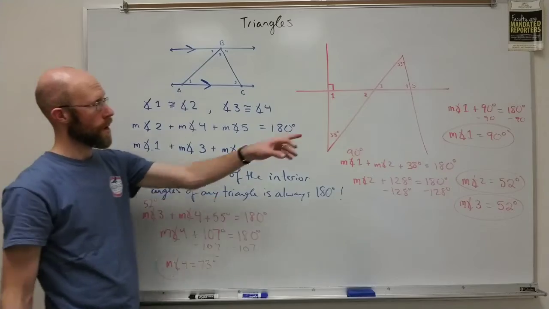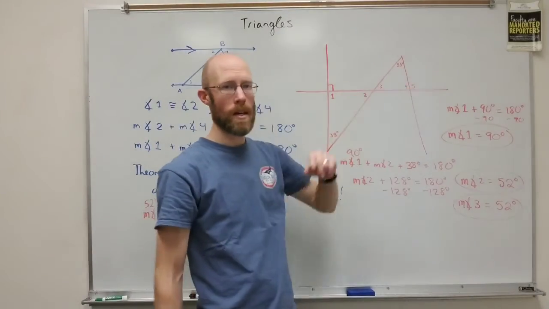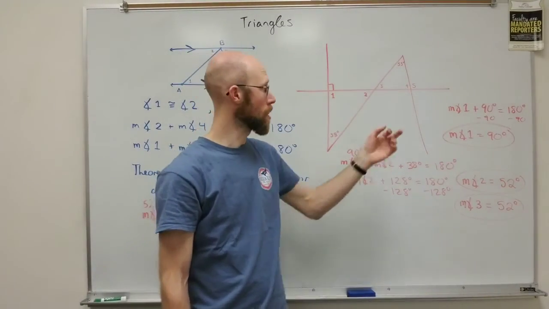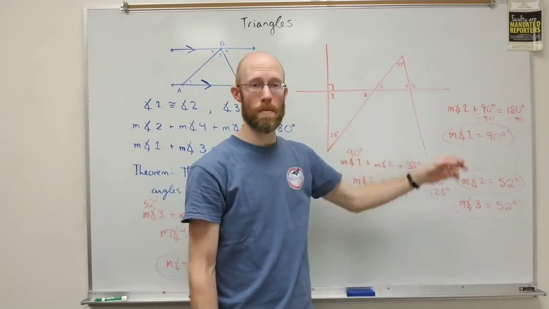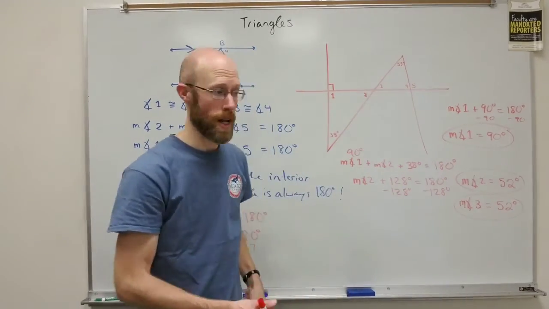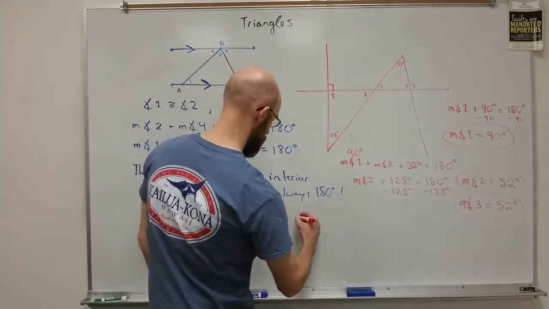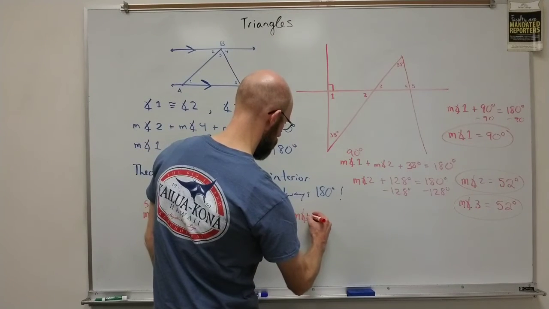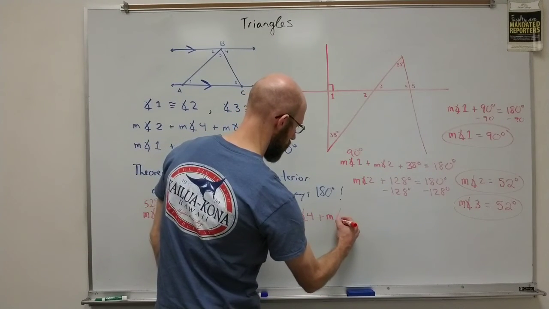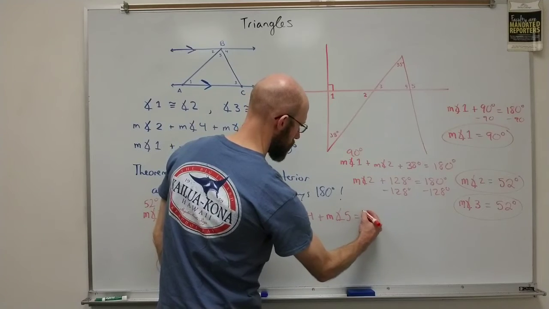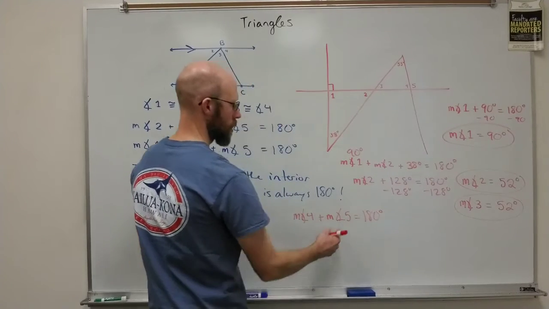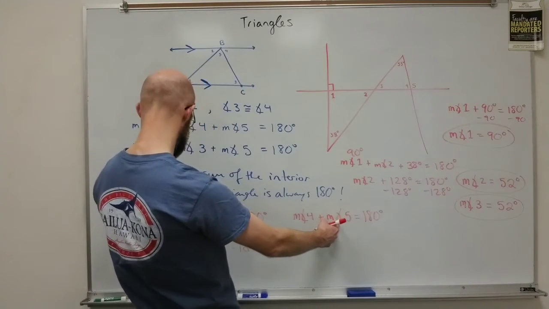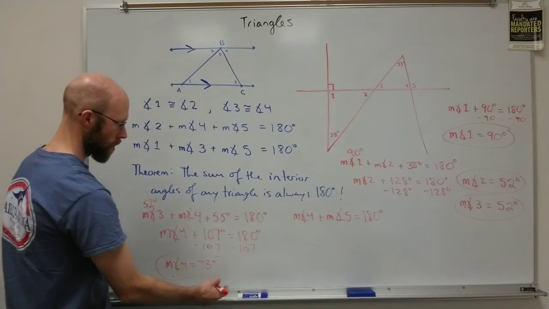And then of course angle 5 over here on the end is supplementary to angle 4 because the two of them make up a straight line again, a straight angle. And so I know that the measure of angle 4 plus the measure of angle 5 must be 180. Measure of angle 4, I know to be 73.